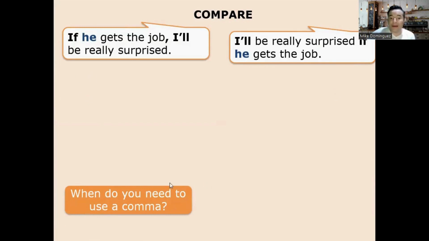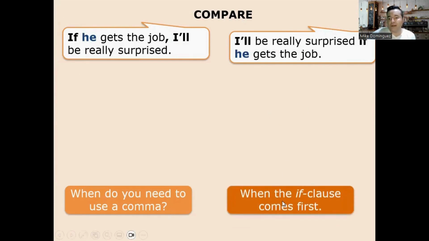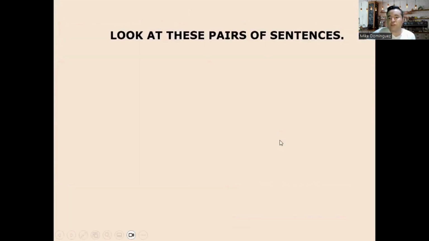In the first, when the sentence starts with if, then you put a comma, but there is no need of a comma if you start with the consequence first. Only when your sentence starts with the conditional phrase, then you need a comma. When the if clause comes first, you need a comma.